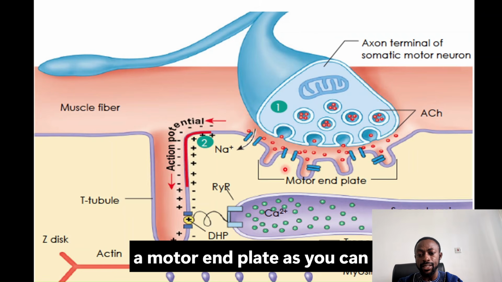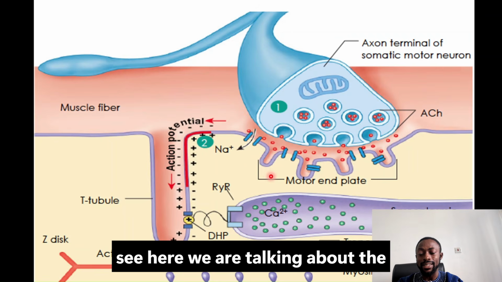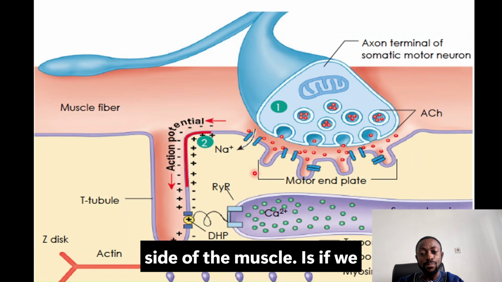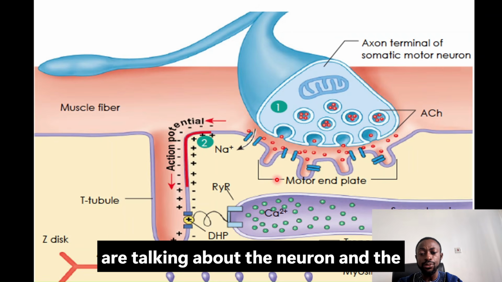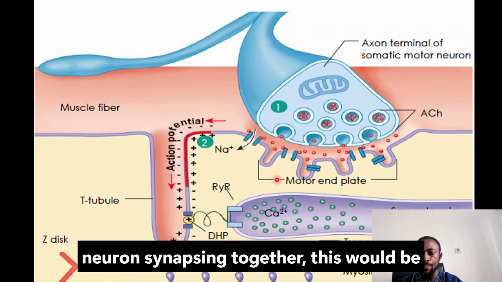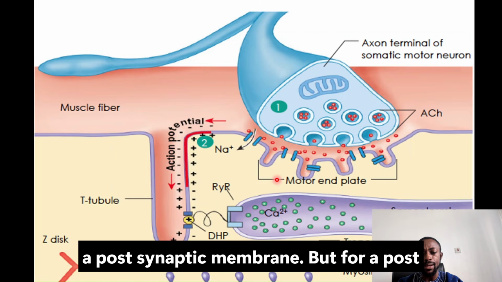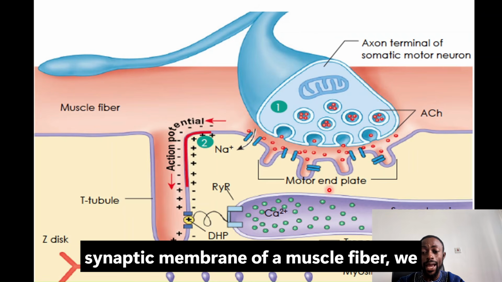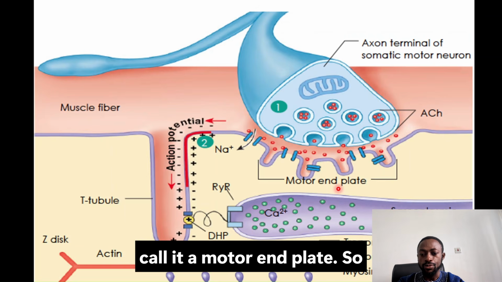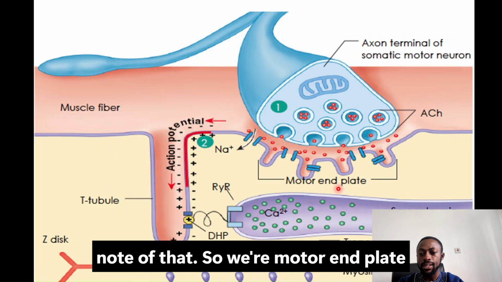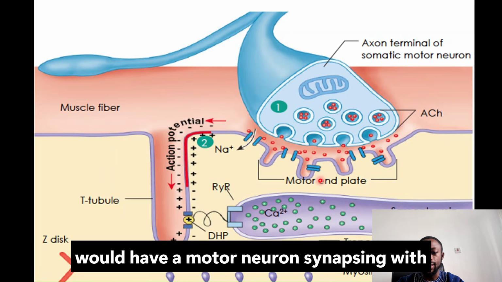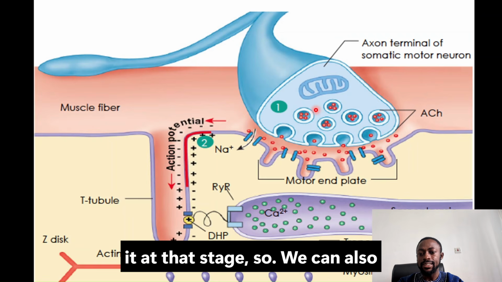And when we say a motor end plate, as you can see here, we are talking about the side of the muscle which, if we are talking about the neuron and the muscle synapsing together, is the postsynaptic membrane. For a muscle fiber, we call the postsynaptic membrane a motor end plate. So take note of that. A motor end plate would have a motor neuron synapsing with it at that stage.